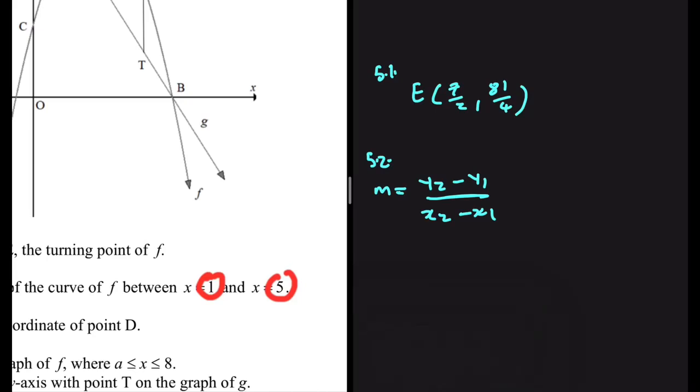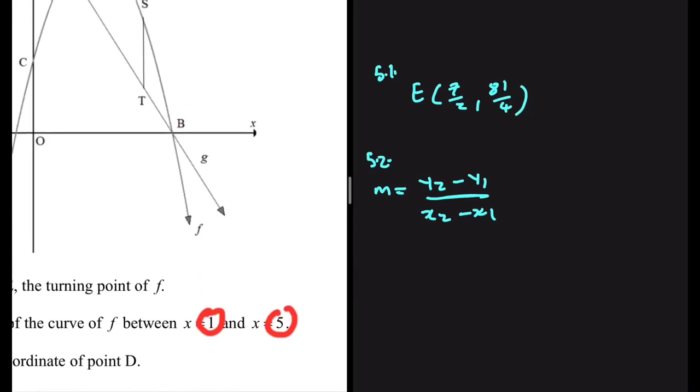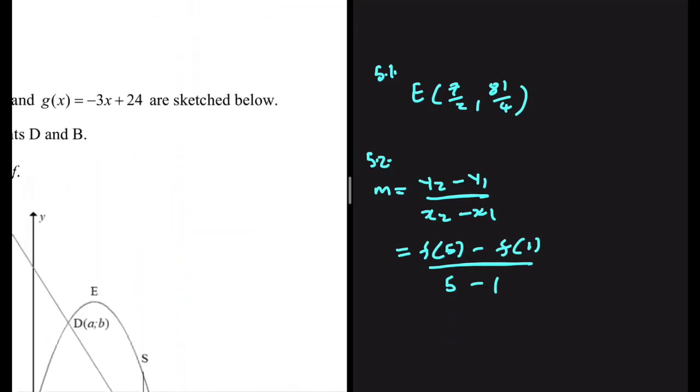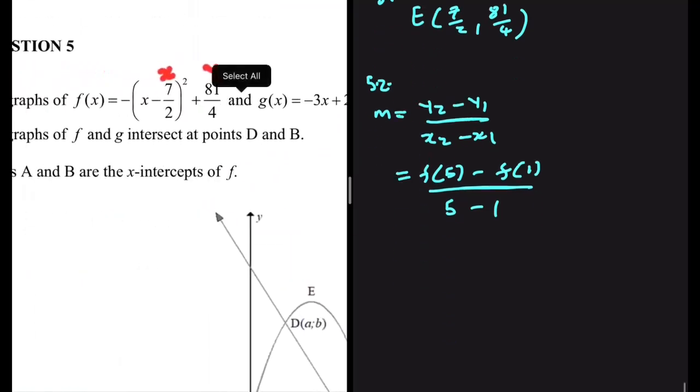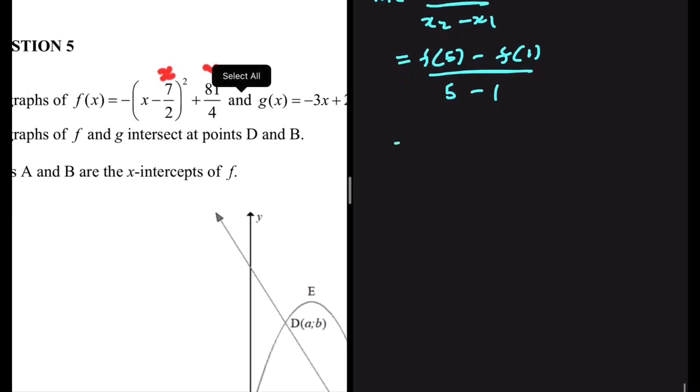How are we going to do that? It is easy. We just substitute in our function f of x. So we're going to say that our gradient is f of 5 minus f of 1, divided by 5 minus 1. That is y2 minus y1 over x2 minus x1. So let's substitute into our function f of x.